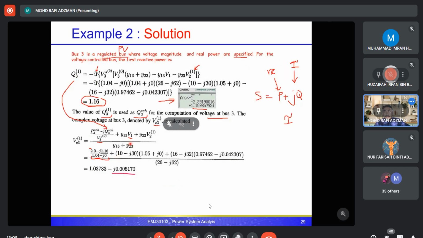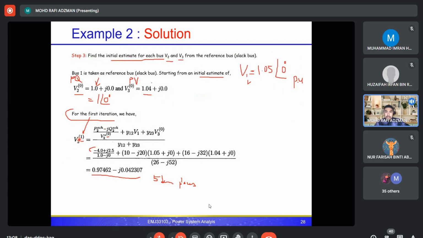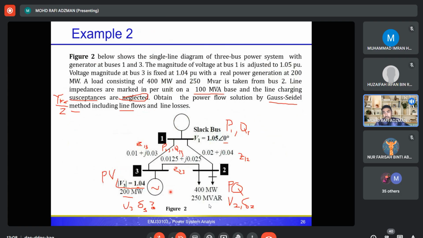Then we move to V3, but in V3 we know that this is a PV bus. So for a PV bus, you have only P, you don't have Q. So therefore we have to estimate the Q value.